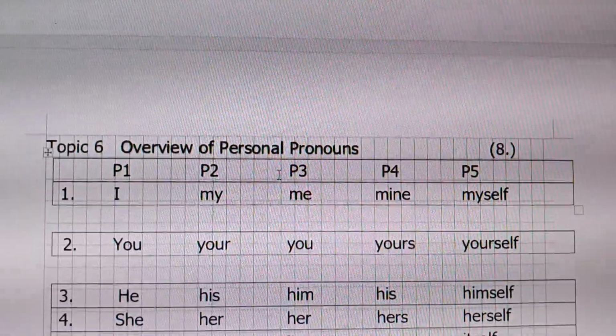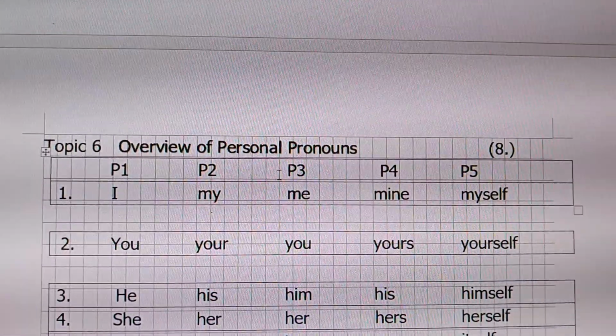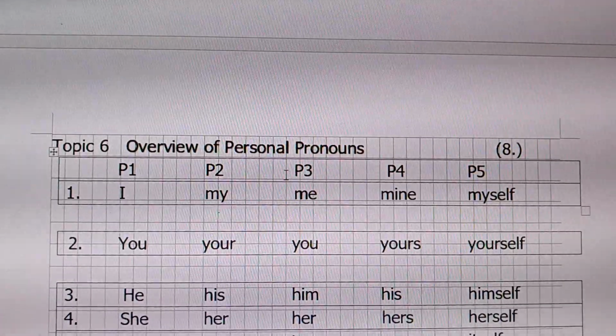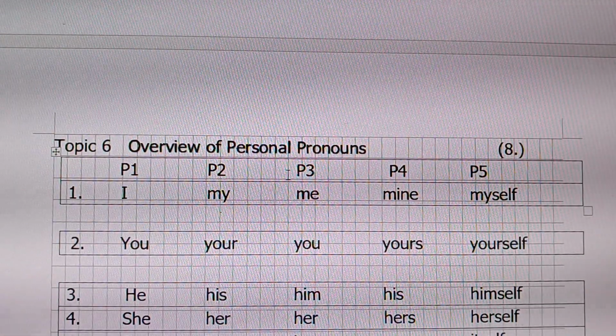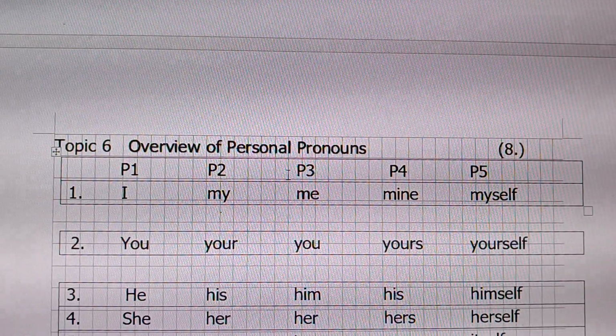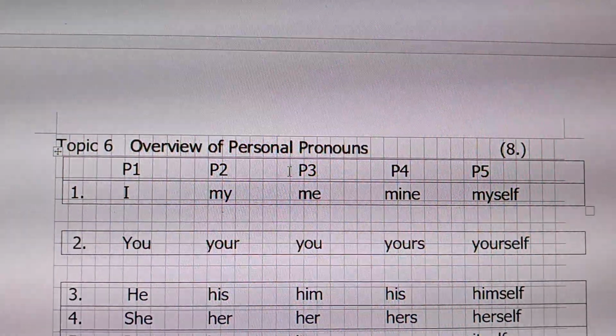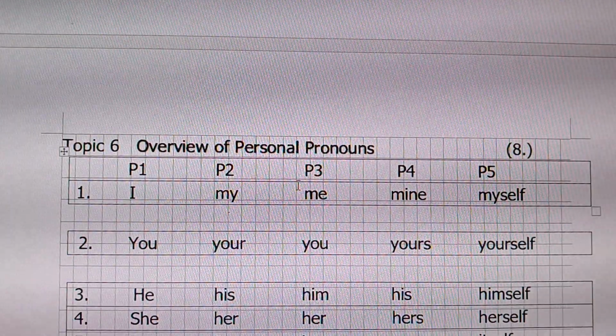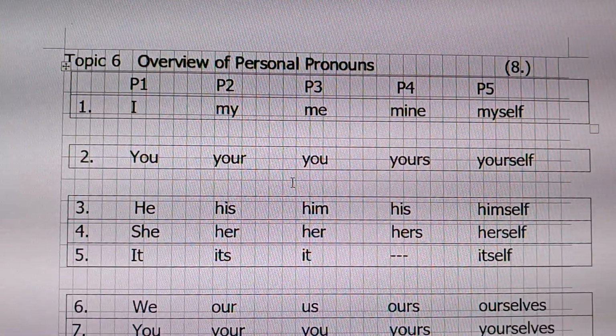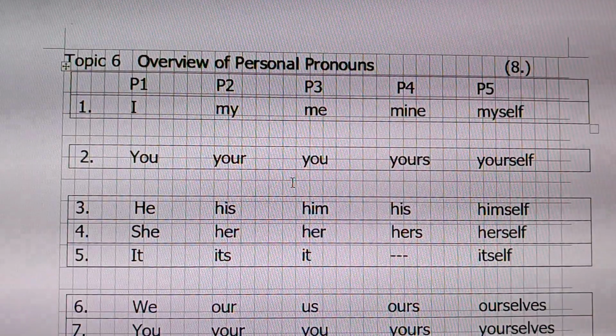So, topic 6, overview of personal pronouns. This is very important. There are 5 cases. P2 is not a pronoun. P2 is a determiner. They're either singular or plural. I, my, me, mine, myself. You, your, you, yours, yourself. He, his, him, his, himself. She, her, hers, herself.